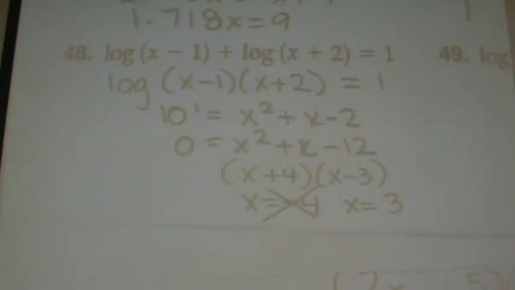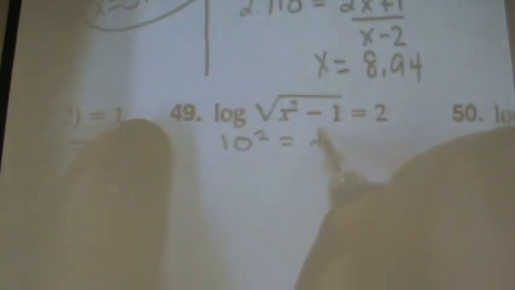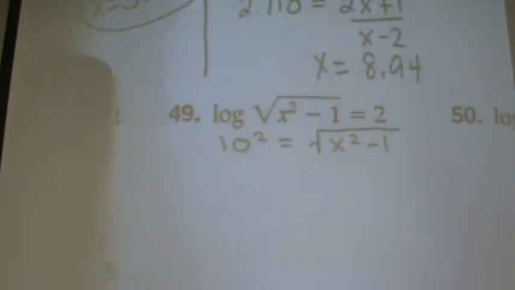Okay, 49. What are you going to do on 49? Square it. Okay, let's do it. 10 to the second is equal to x squared minus 1.